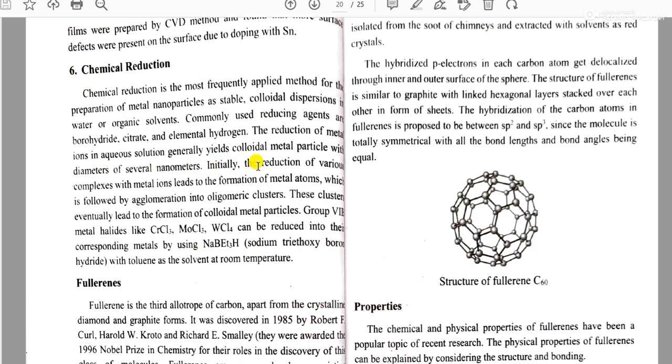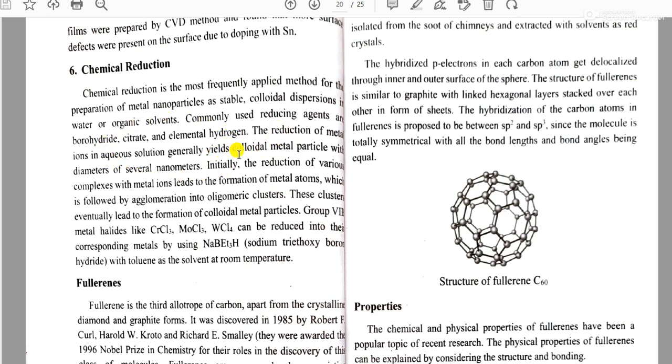Initially, the reduction of various complexes with metal ions leads to the formation of metal atoms, which is followed by agglomeration into oligomeric clusters. So, the first step is that the metal precursor solution we react with these reducing agents.